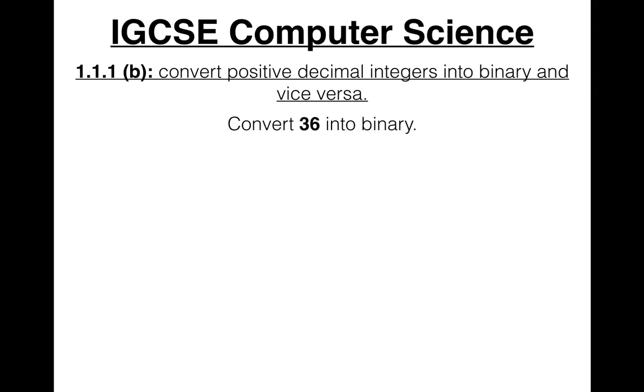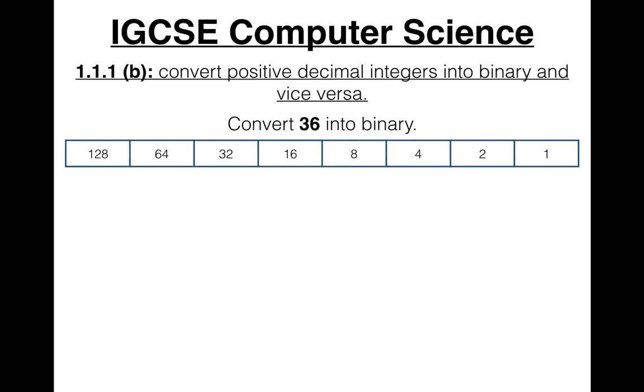Let's try converting 36 into binary. We get our table here, and this is one of two methods that I'm going to be showing you in this video. First we check the number 36 against the leftmost number here. 128 is higher than 36, so 0 would go under 128.